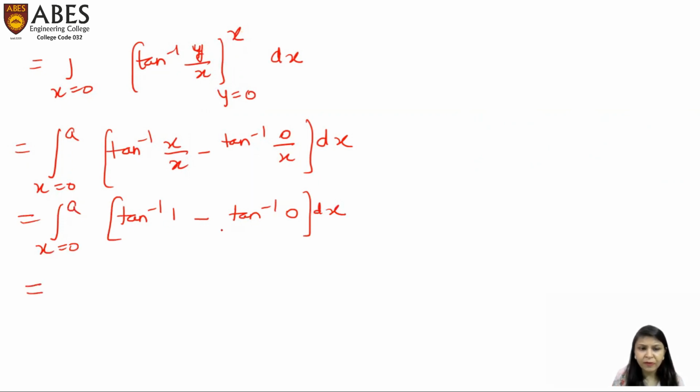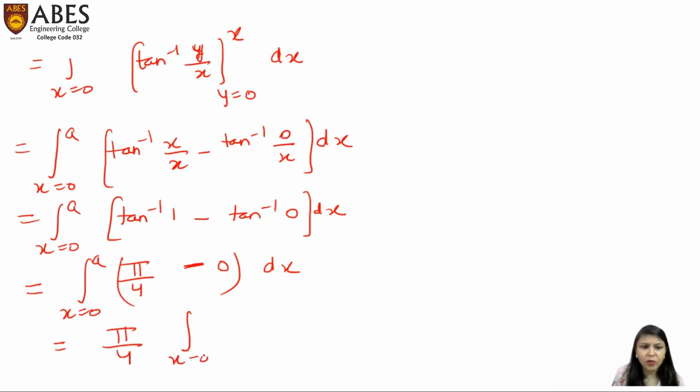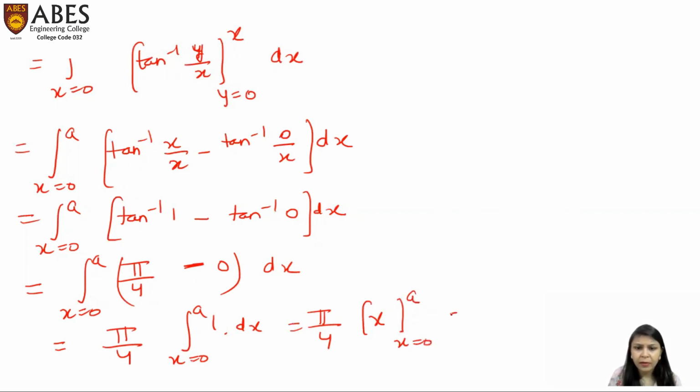So we first simplify this. Tan inverse 1 value is pi by 4 and tan inverse 0 is 0. So pi by 4 into dx and x equals 0 to a. Pi by 4 is a constant, and integrating 1 into dx from 0 to a gives pi by 4 times x from 0 to a, and this value comes out to be pi by 4 into a minus 0.